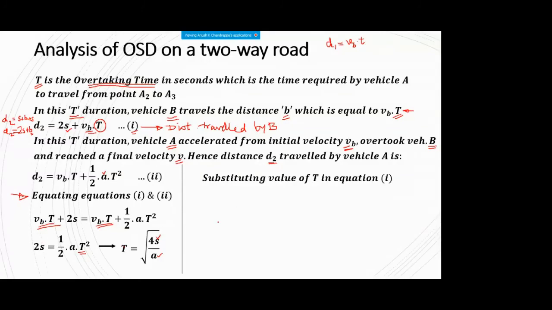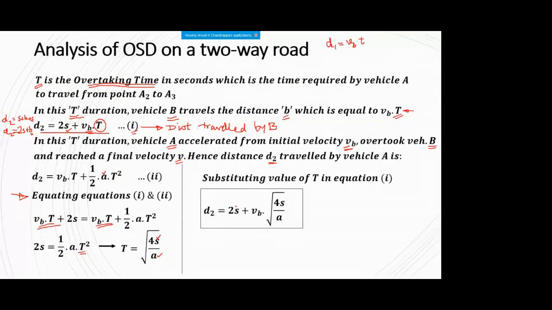Now again, once you know this value of T, I'll substitute this value in equation 1 again. So equation 1 was D2 is equal to 2S plus VB into T. So that just becomes D2 is equal to 2S plus VB into, instead of T, I am writing under root 4S upon A. So now we have D2 as the unknown that we have to find.